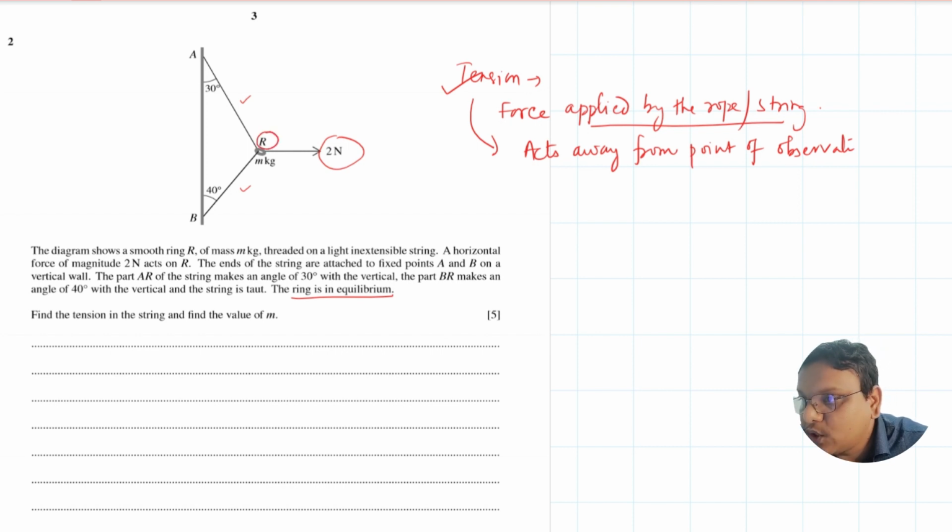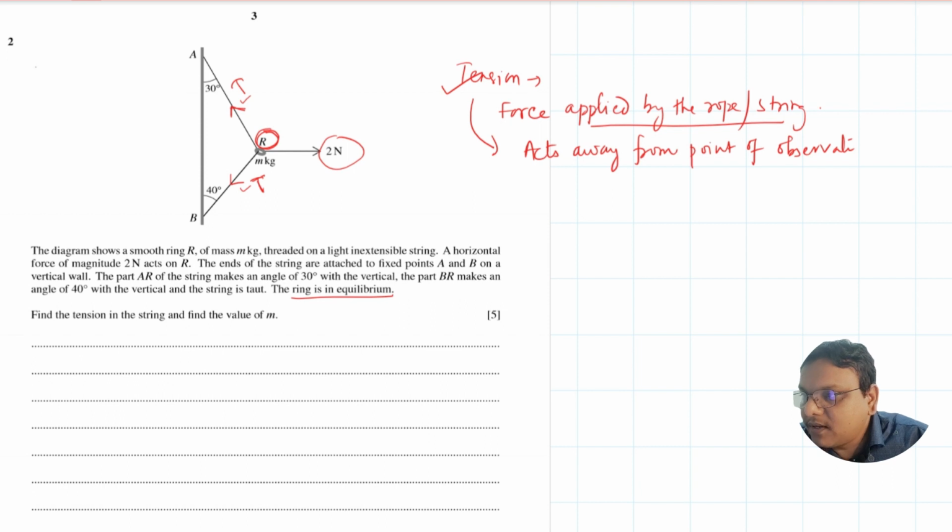So definitely your tension will act away from R. Again I'm saying, as R is the point of observation, my tension will act away from R, correct? And as we have the same string, the tension force will be exactly the same. If it was a different string, it would be T1, T2, two different tensions applied. Got it, everyone?